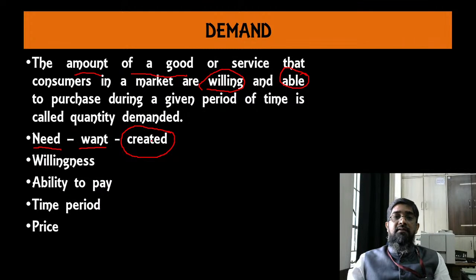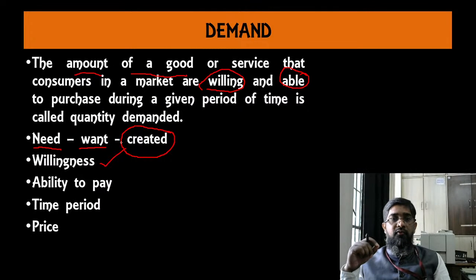The reason is to create new demand, and demand is created by influencing the willingness of the consumer, right? Advertisement tries to change the willingness, the desire of the people. Advertisement influences the consumer's behavior. How consumers behave in the market is targeted with the help of advertisement.